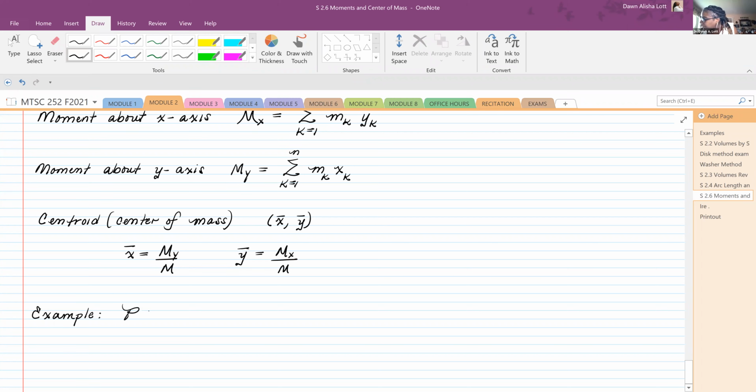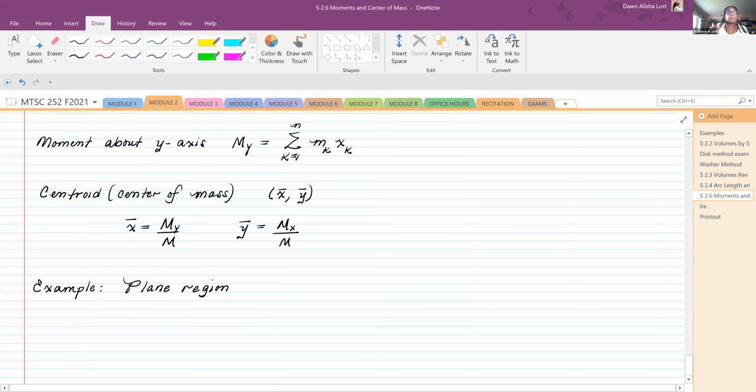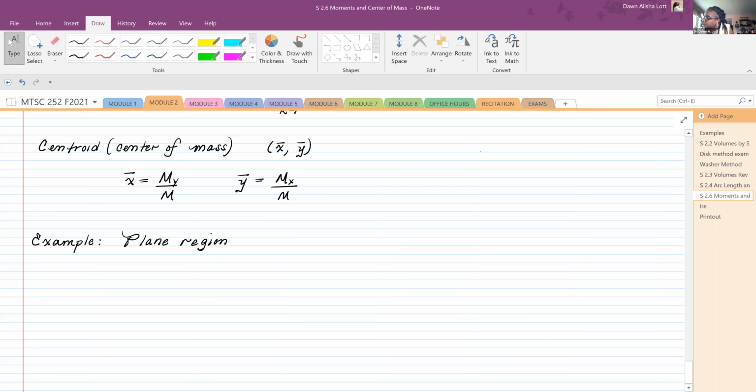So I have a plane region with the following masses. I have M1 equal to 4 at the point -2, 2.